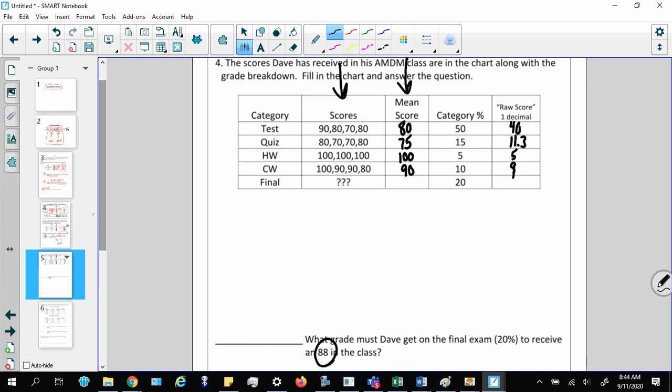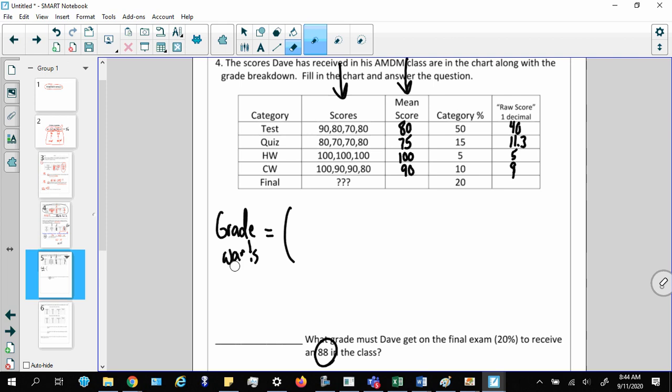Now, remember the relationship, and that is the grade he wants. Sorry, I put the wrong number. The grade he needs.